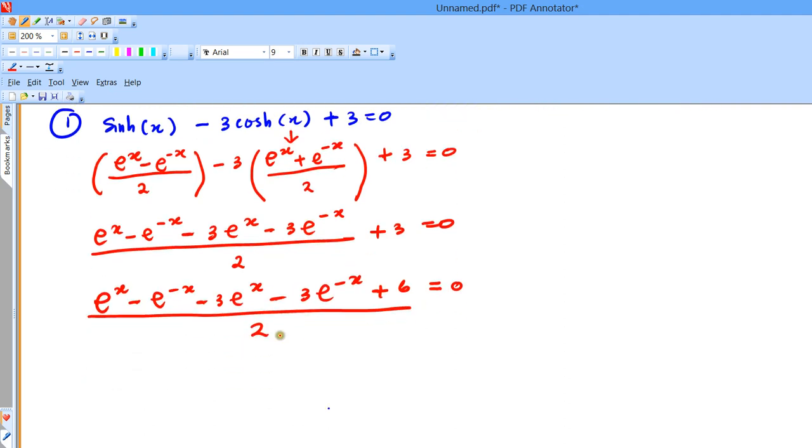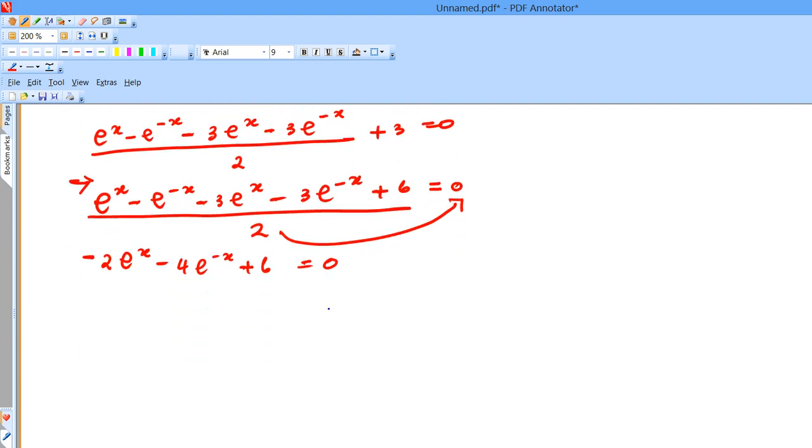And then we can multiply 2 with the right hand side, with 0, and we can simplify this term: e power of x minus 3 e power of x equals negative 2 e power of x, and then minus 4 e power of negative x plus 6 equal to 0.